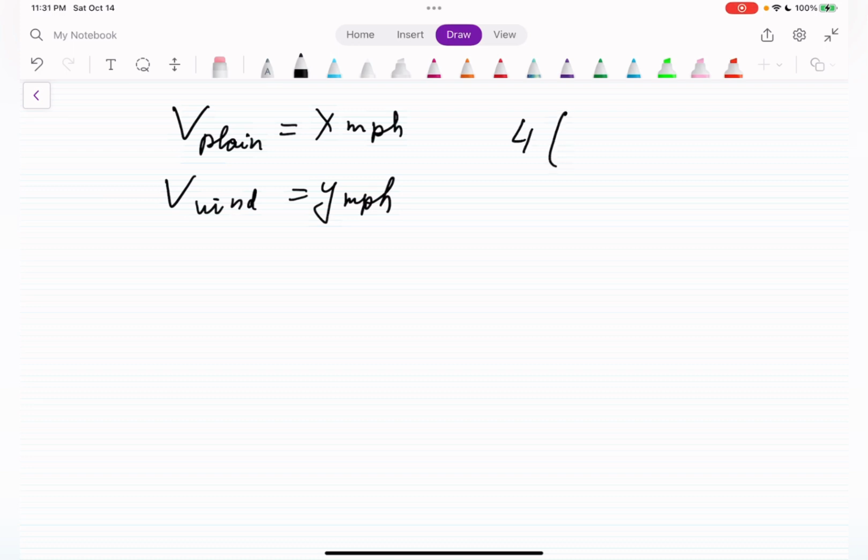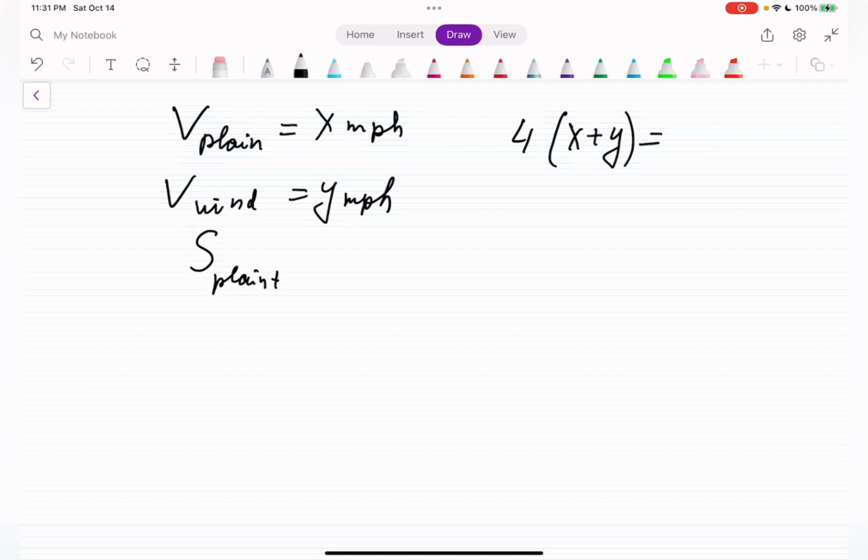Time multiplying by speed. It's an airplane with the wind, so the wind is in the direction of the plane, which means it's helping: x plus y, and it's equal to 3,200, the whole distance.